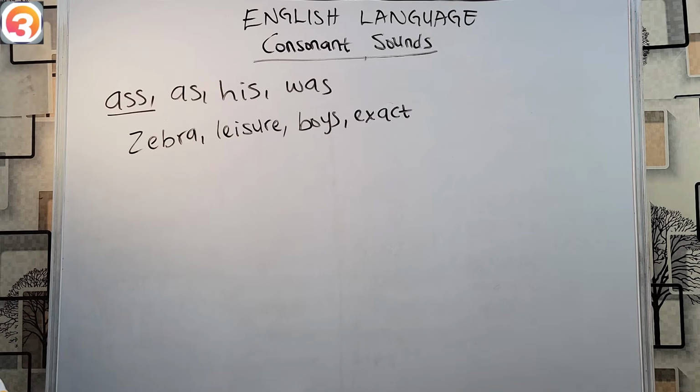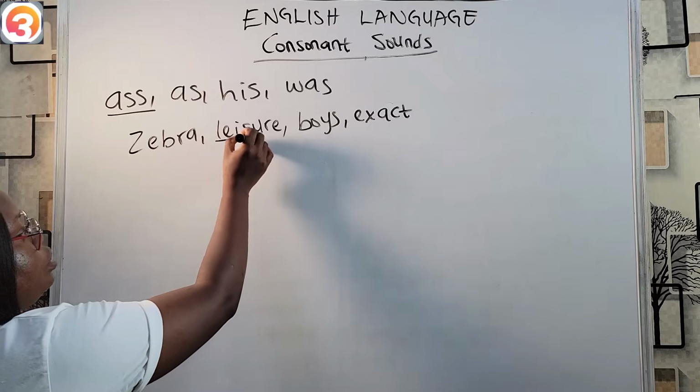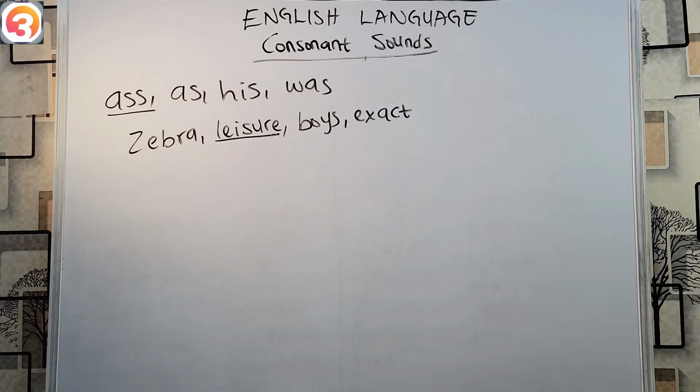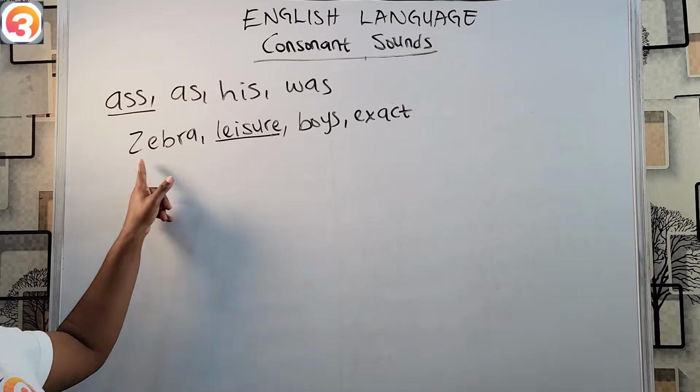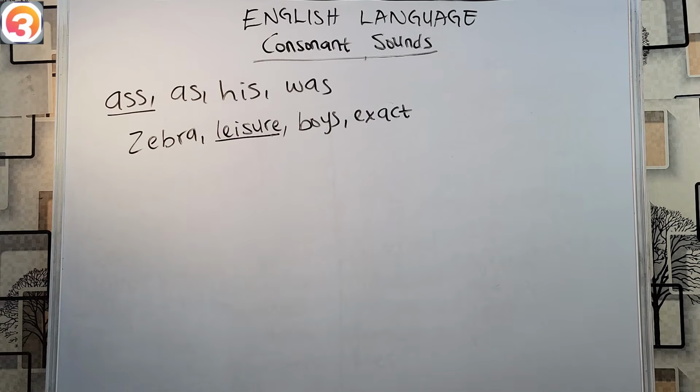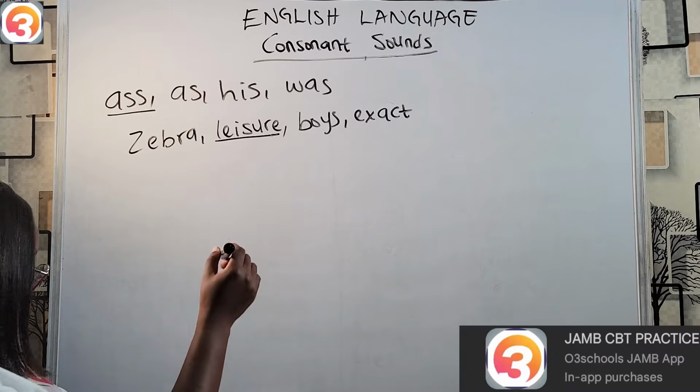As much as we pronounce this as leisure, it is not the Z sound that is there. The Z is present here, it's present here, it's present here, but it's not in the word leisure. We have a different sound entirely there. So leisure becomes the odd word in that group of words given.